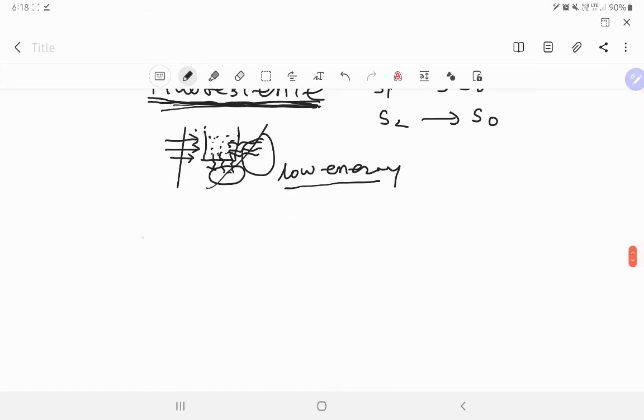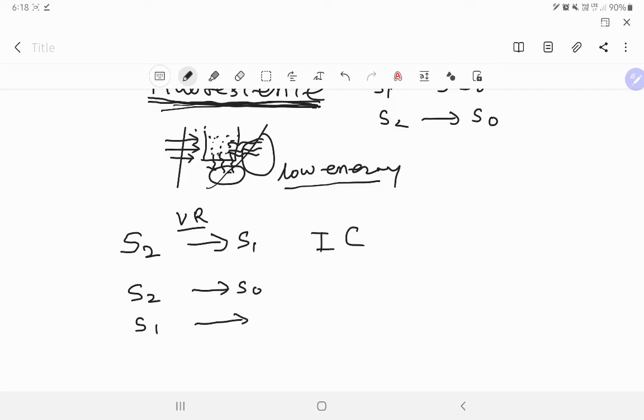See here, the S2 to S1 transition through vibrational relaxation is called internal conversion. The transition from S1 to S0 is the radiative transition called fluorescence.